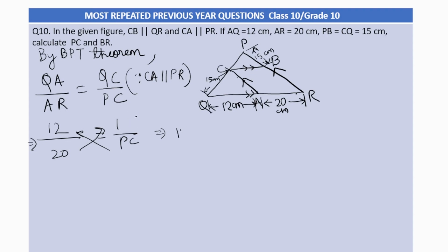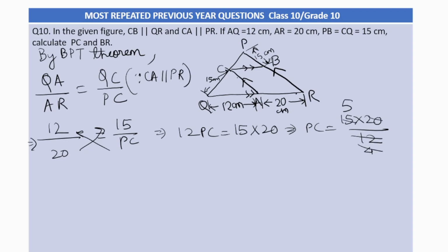So 12 PC equal to 15 into 20. So PC value will be equal to 15 into 20 by 12. 3 4s are 12, 3 5s are 15, 4 5s are 20. Therefore, PC value will be equal to 25 centimeter.